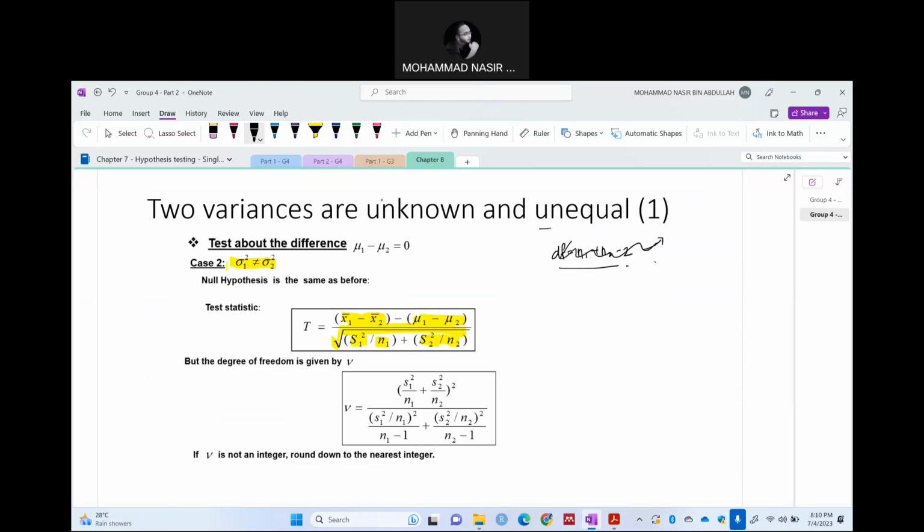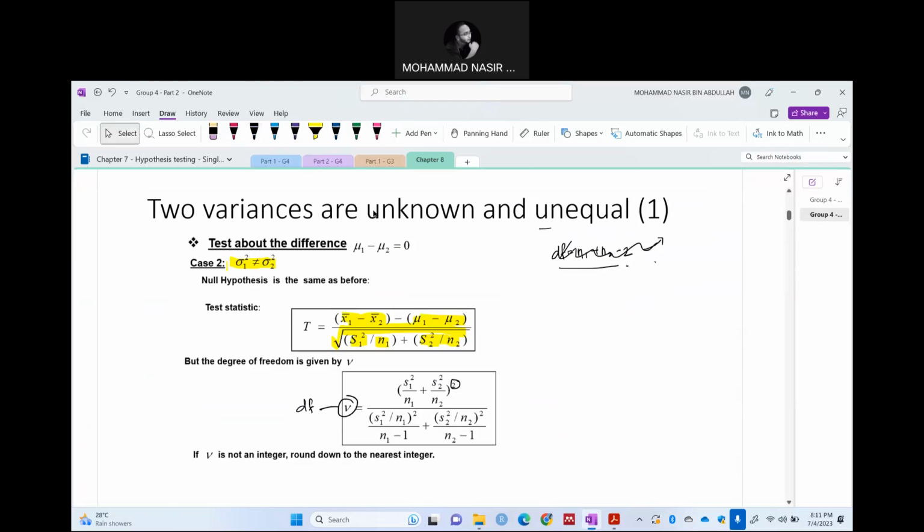So for today, the degree of freedom, V, is equal to sample variance 1 divided by N1 plus sample variance 2 divided by N2, and then this one, we take with power 2 and divide by the same thing divided by N minus 1, right? So this is a degree of freedom for population variance unknown and assume unequal, right?